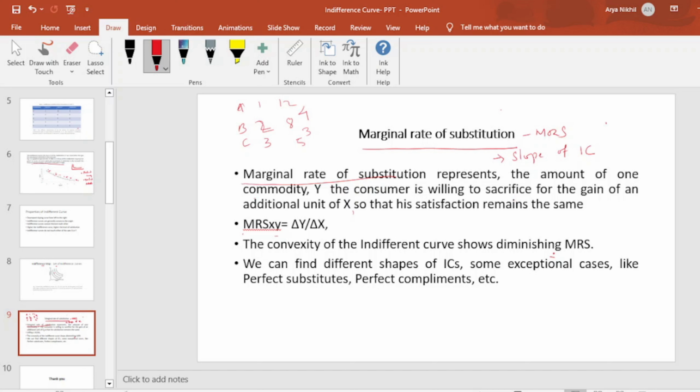The equation of MRS is delta y by delta x, the change in y to the change in x, the marginal rate of substitution of x for y. We discussed that the indifference curve in most cases is downward sloping and convex to the origin, and its convexity represents the diminishing marginal rate of substitution, which we will discuss in later portions.